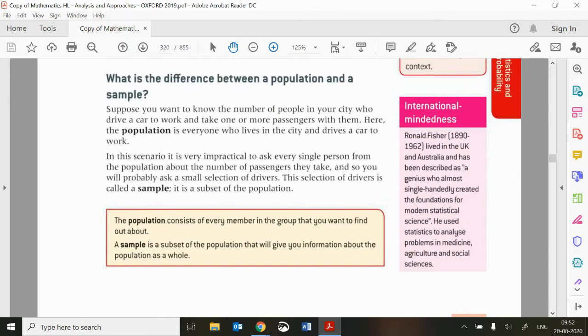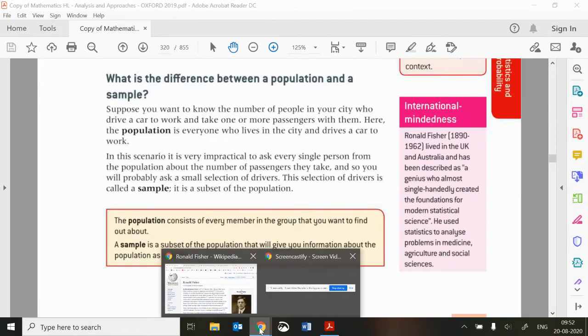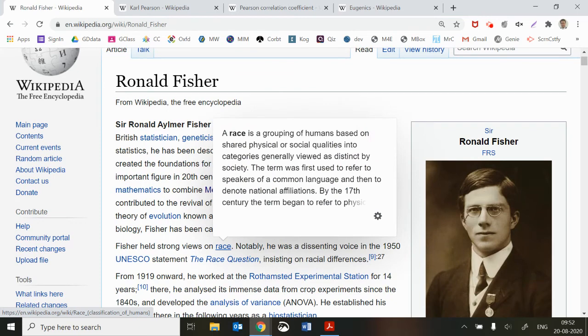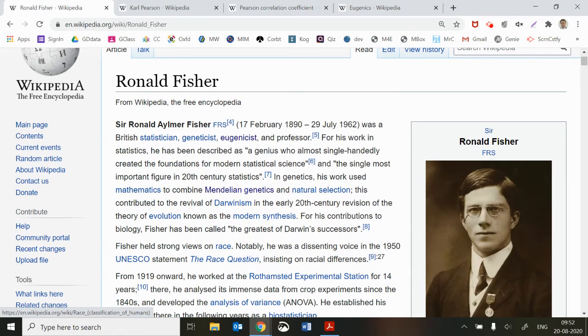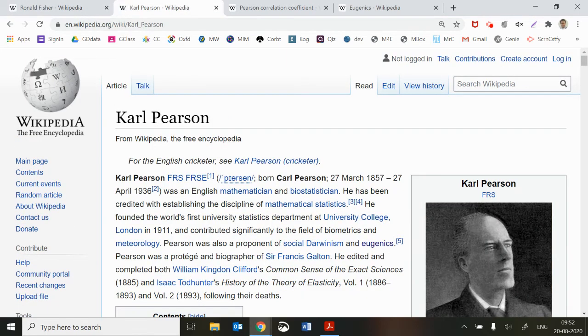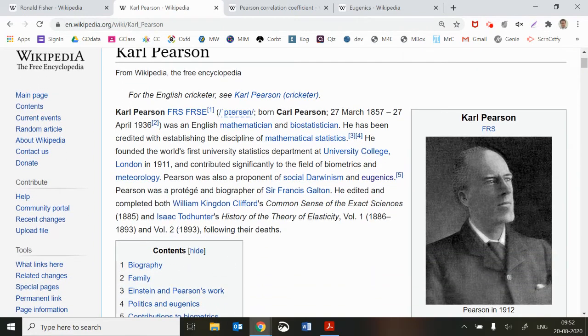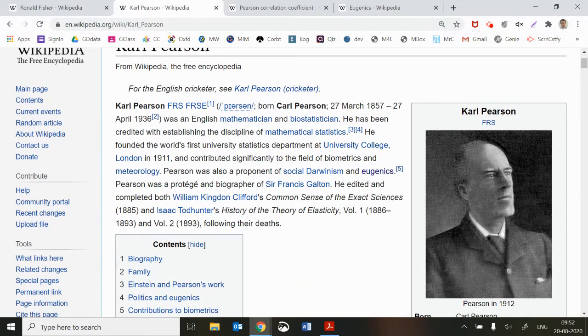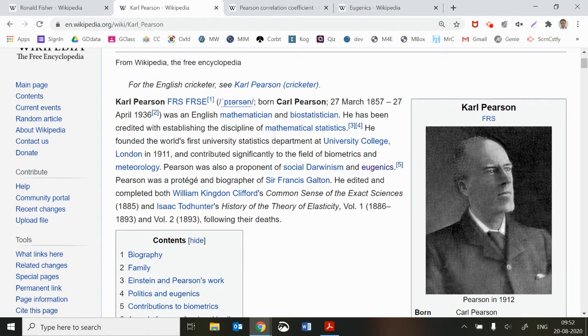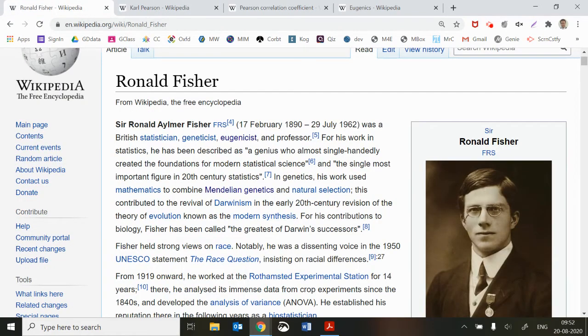It's kind of interesting if you read up on these characters, like Ronald Fisher, who they're talking about, and also Carl Pearson. Carl Pearson was an English mathematician and biostatistician. He's been credited with establishing the discipline of mathematical statistics. Whereas Ronald Fisher is described as a genius who almost single-handedly created the foundation for modern statistical science.